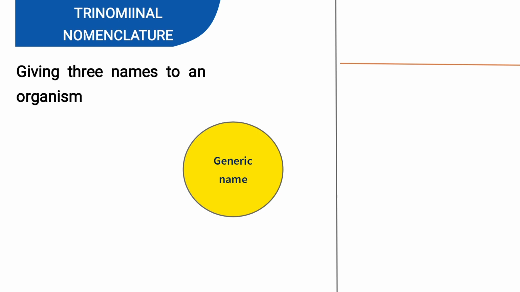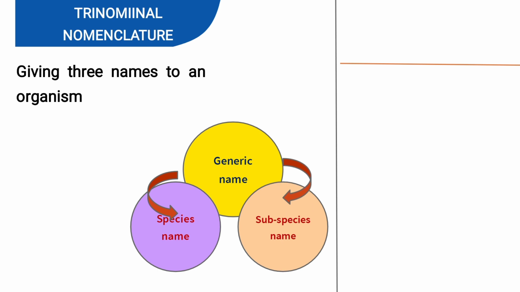The first one is the generic name, that is the genus name. The extra one is the subspecies name. So genus name, species name, and subspecies name. There may be some organisms which have subspecies, so that name also will be given. Together we tell it in three names. That is called the trinominal name.